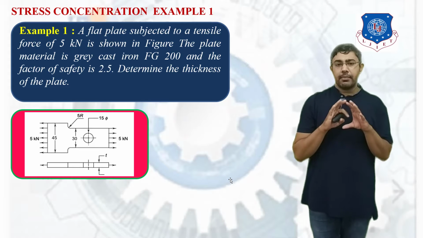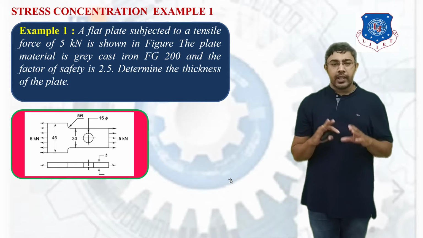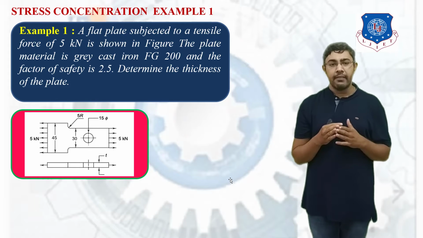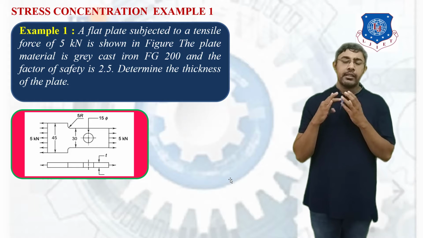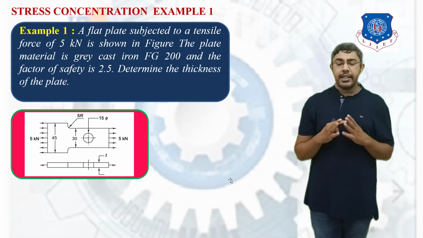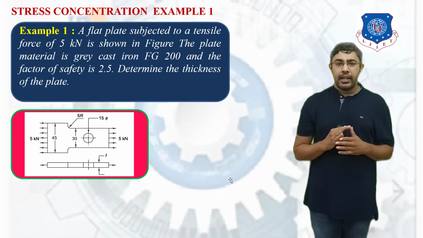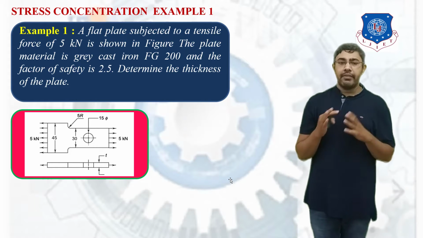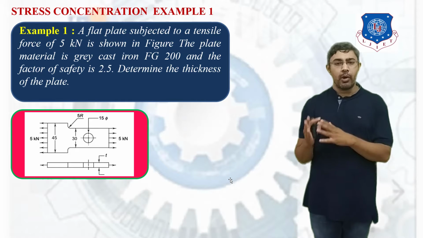So the given condition is a stepped plate with a fillet at the change of cross-sectional area and one drill hole in the smaller width portion. The thickness T is unknown, SUT is 200 N/mm² and the factor of safety is 2.5.